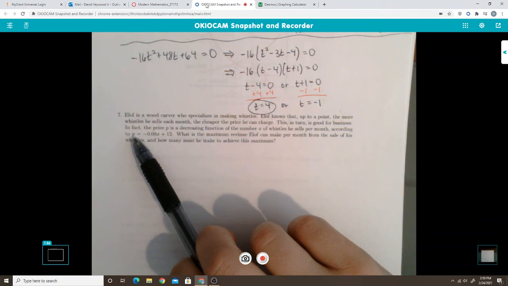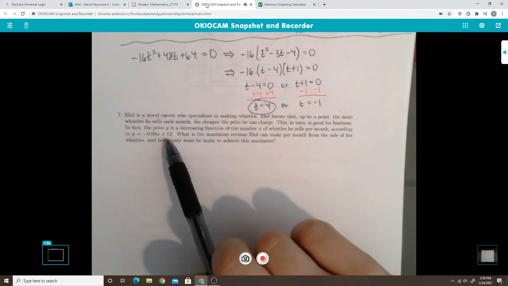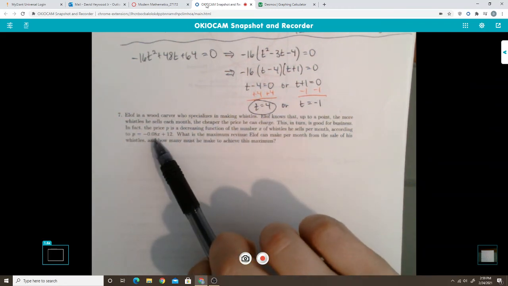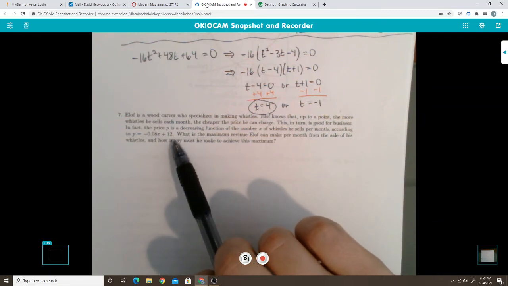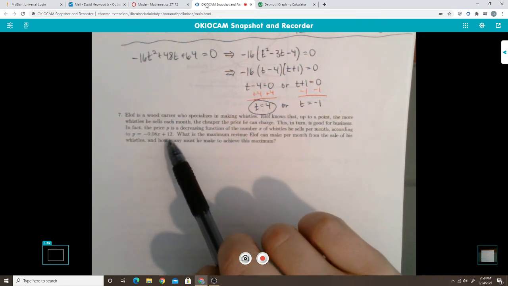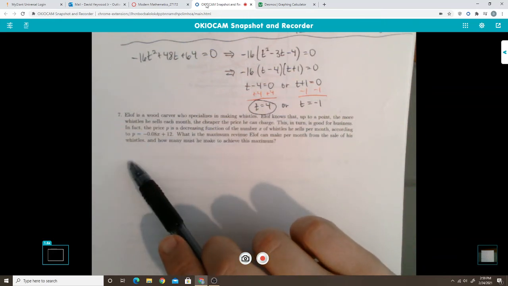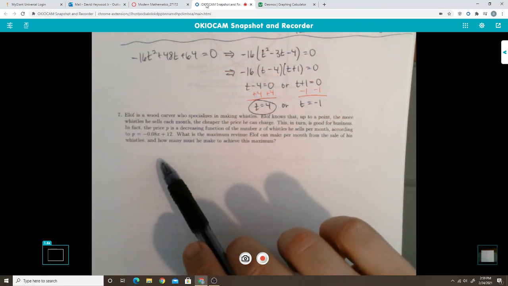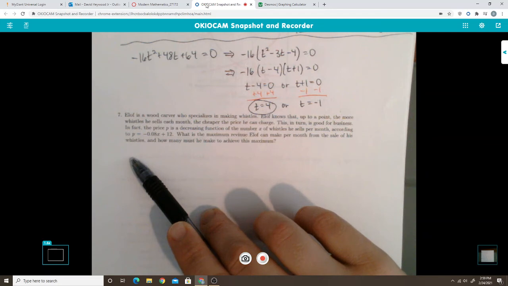Well, if this is the price that he charges for each whistle, okay? It's like if you charge $1 for one whistle, then for 10 whistles you're going to charge $10, right? Or let's say that you charge $2 per whistle.